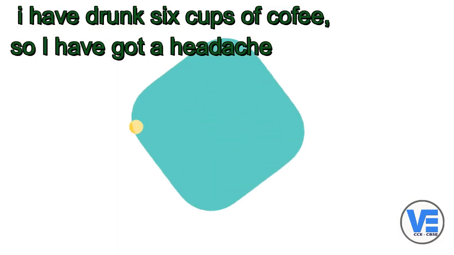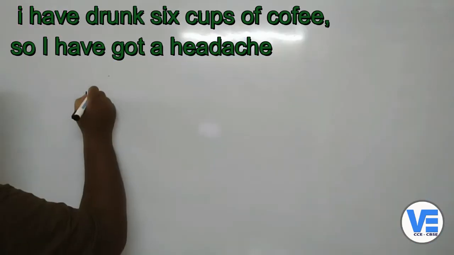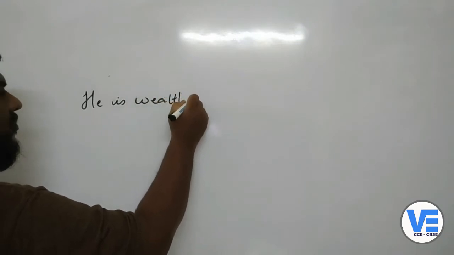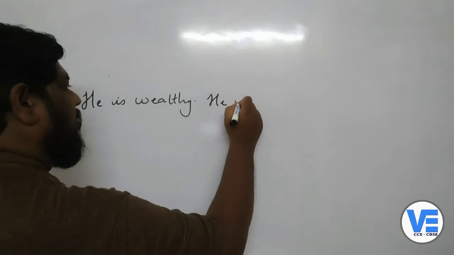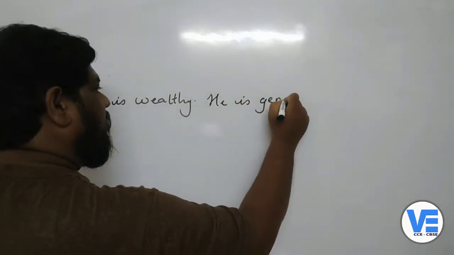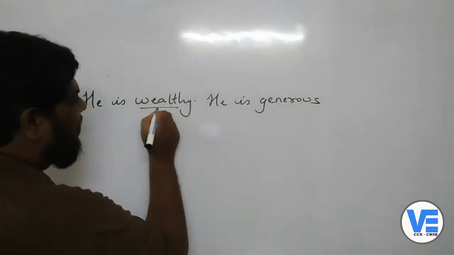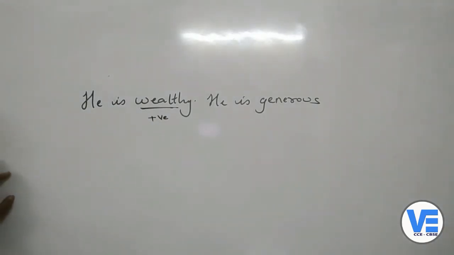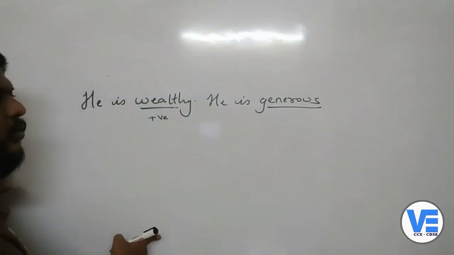Okay, now he is wealthy. He is generous. Now, what is wealthy here? It's a positive sign. Being generous, that is very kind, and also who gives very generously, doesn't hesitate to help the poor.